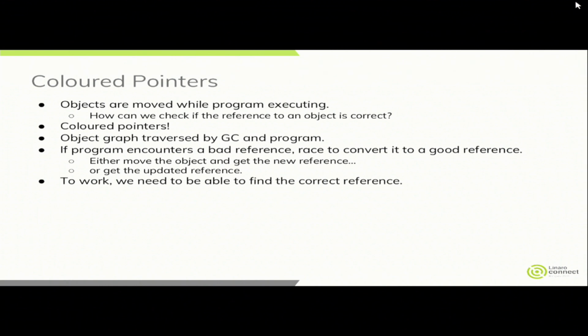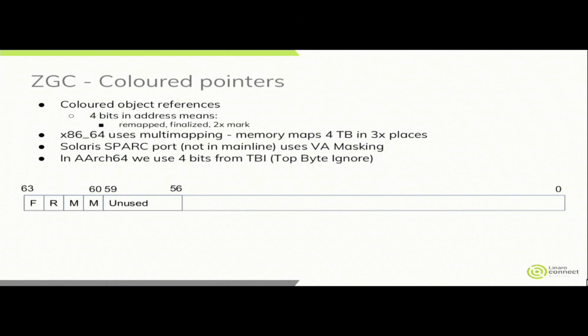Simply put, you can have an object reference, and if we examine it, we can see that it's bad at some point, and then we can update it. The forwarding table could be examined to then get you a good reference. So we have a bad reference, check the address is wrong, we look at the forwarding table, we update it to a new pointer.